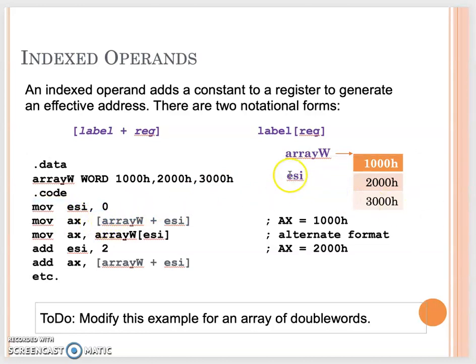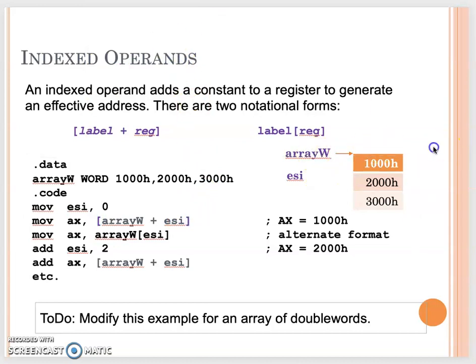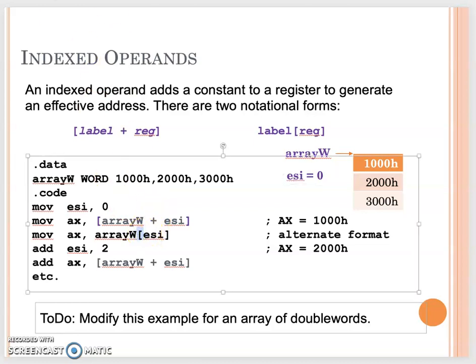Every time you want to access an element, we use indirect addressing with the label array W plus your ESI. That's the first one. You can do it using the plus, so array W plus ESI, with ESI equal to 0, still refers to this value. Or your ESI can be the index in the square bracket. Either this way or this way, they mean the same thing.